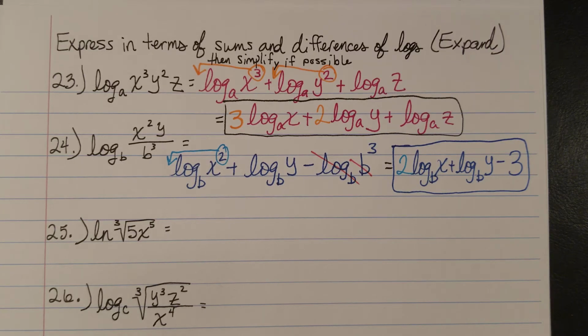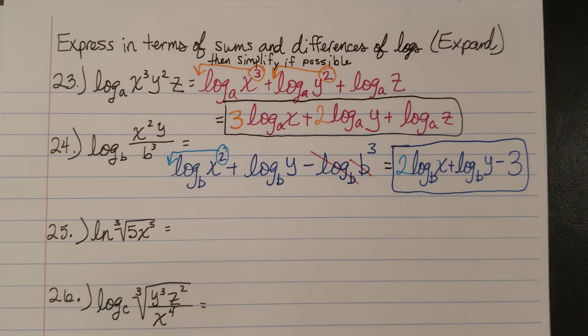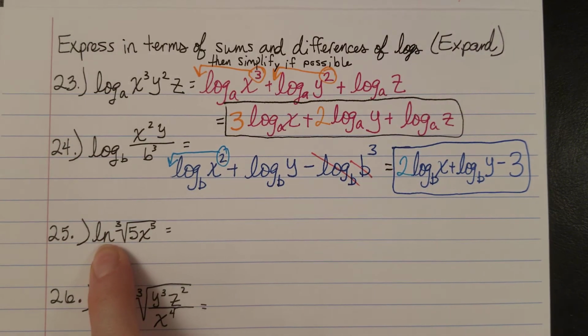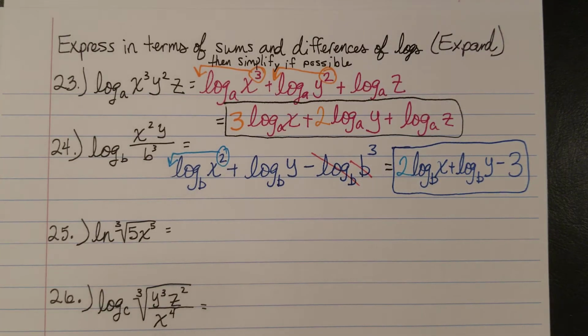Alrighty, number 25. Okay, so let's see, we have ln. So this right here is ln. We haven't actually gone over that yet, so I probably shouldn't have it in this section. I believe we do go over that a little bit more in section 4.4, I think.